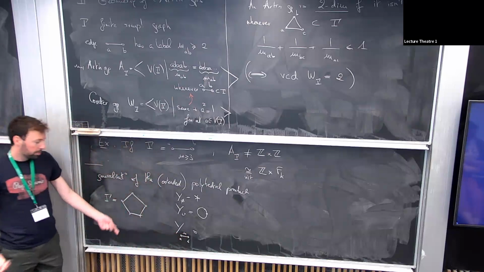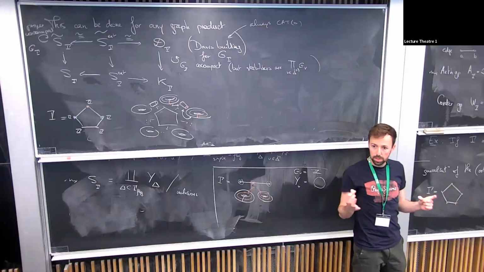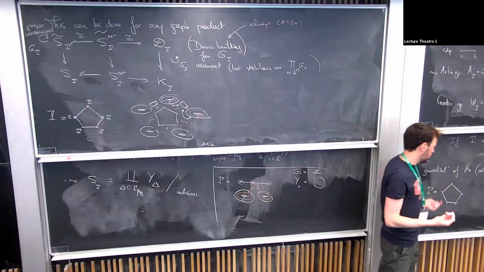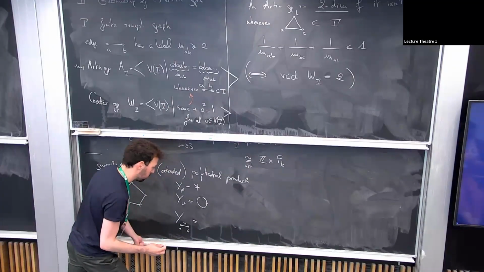And it turns out that for dihedral Artin groups, I can just take the presentation 2-complex, and that gives me a nice aspherical object.